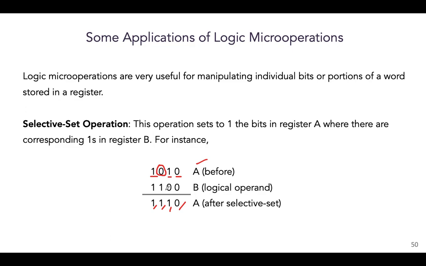We call it set because setting means making something 1 and unset means making something 0. So selective set means you're selectively making some of the bits of a given register 1.